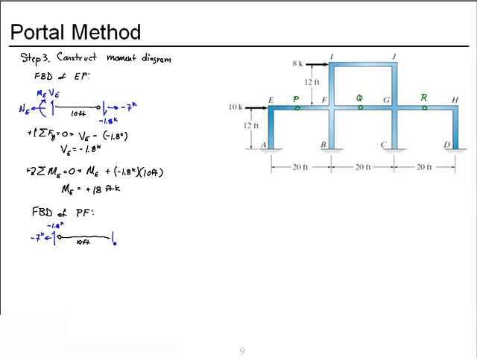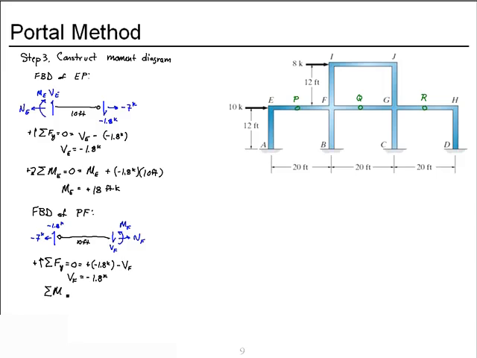We have an unknown shear at F, an unknown moment at F, and an unknown normal at F. I apply vertical equilibrium. And drawn up, but a negative quantity, is the 1.8 kips. And VF is drawn down. So the shear at F is a minus 1.8 kips.